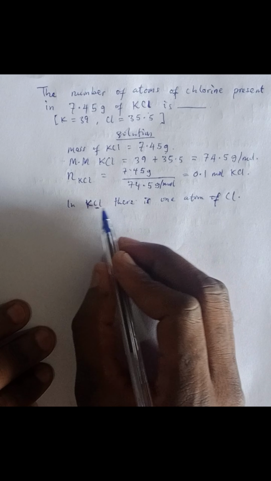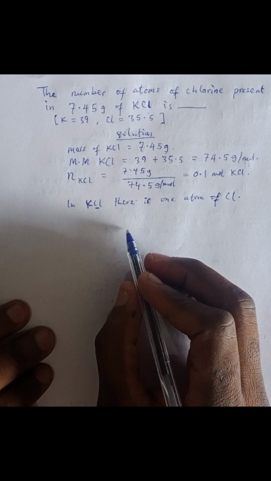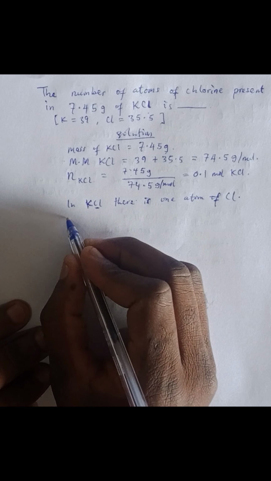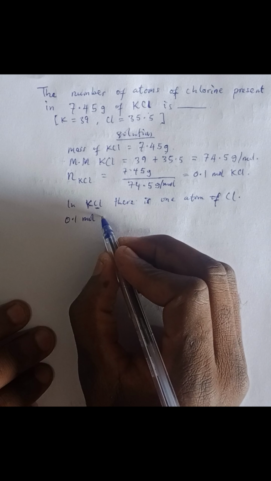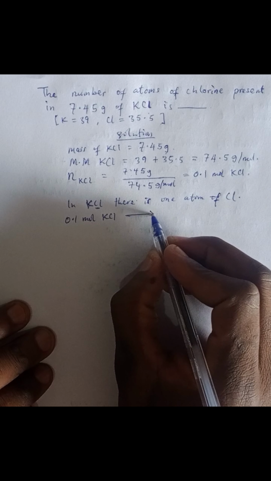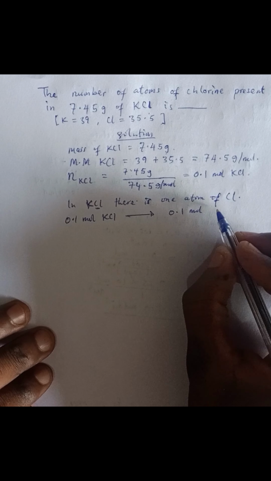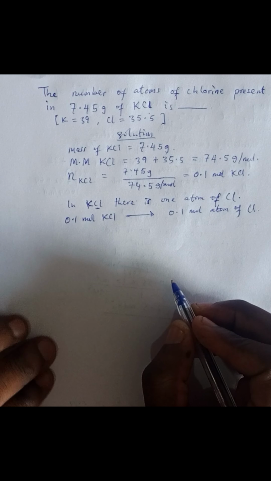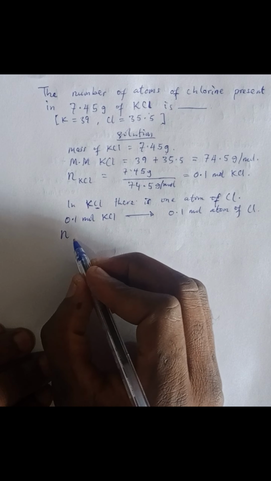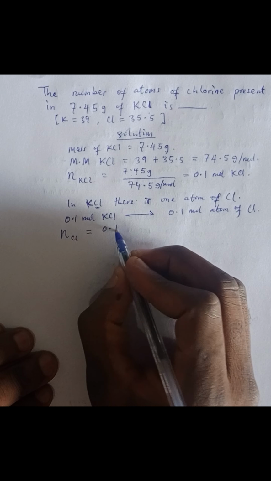So look at the formula here. How many atoms of chlorine are present in KCl? It is 1. If that's 1, that means 0.1 mole of KCl will produce 0.1 mole atom of chlorine. That means the number of mole of chlorine atom in KCl will be 0.1 mole. That's just the analogy.